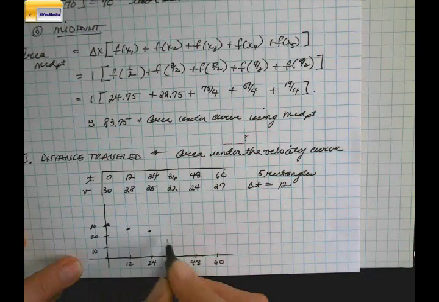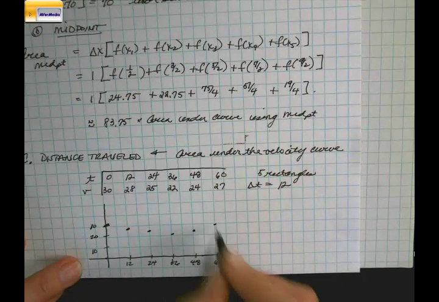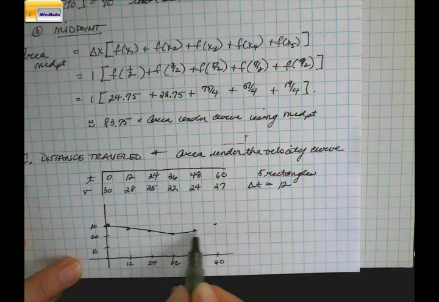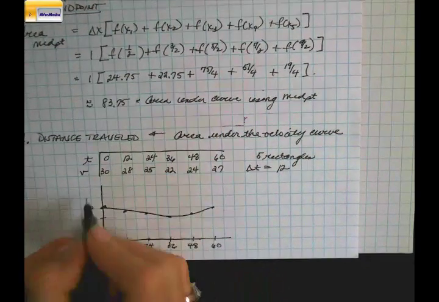At 36 seconds, you're at a height of 22. At 48, you're back up at a height of 24. And at 60, you're back up at 27. So this is just a gentle curve, but you can find the distance this object traveled.